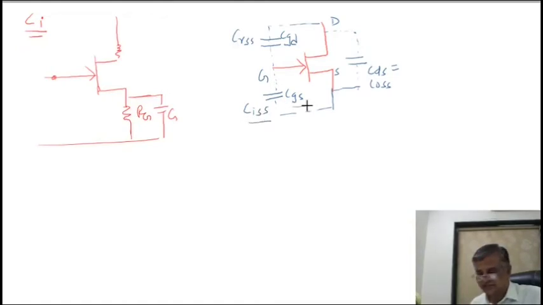So: between gate and source, CGS; between drain and gate, reverse capacitance; and the output capacitance between drain and source, CDS.